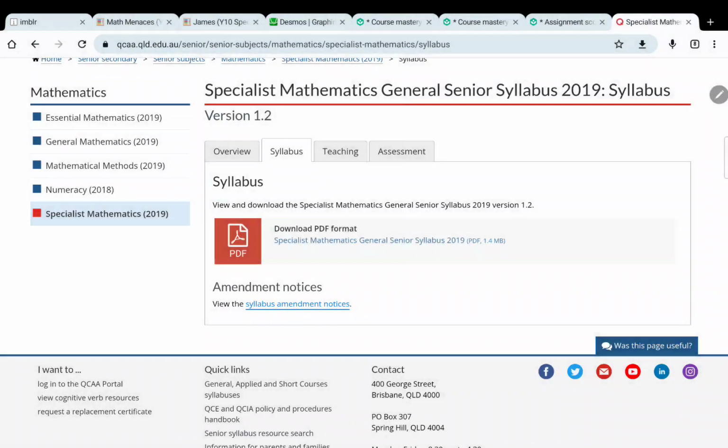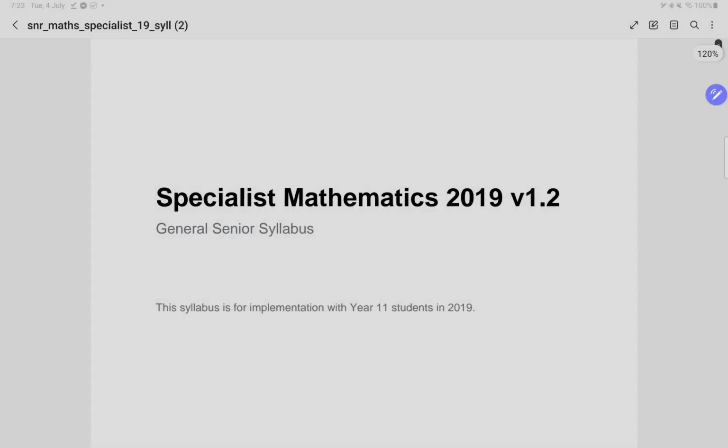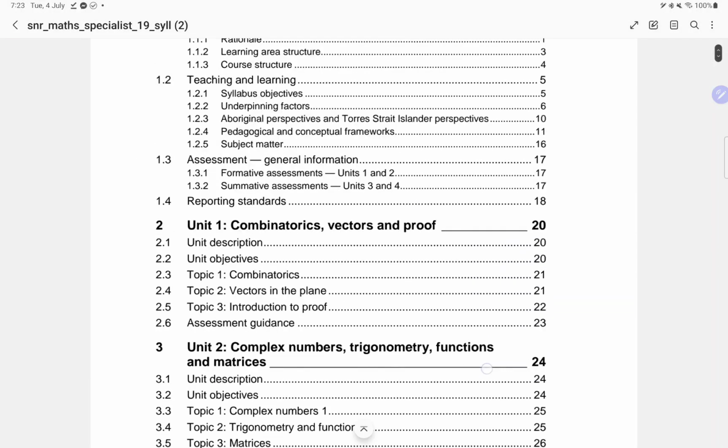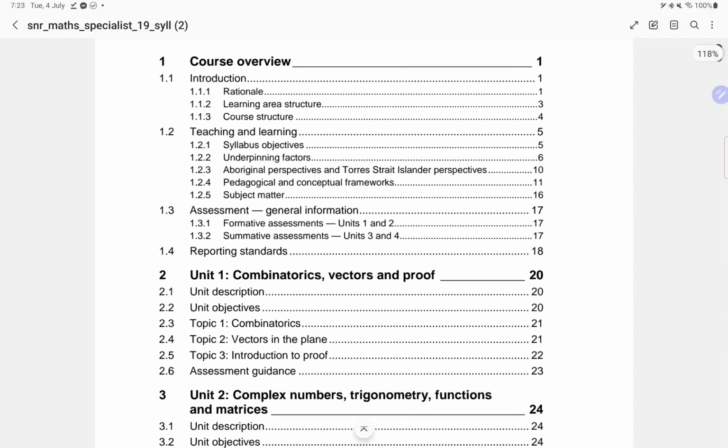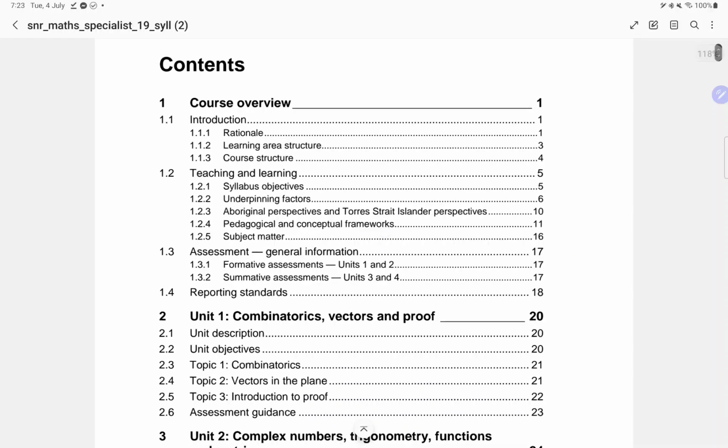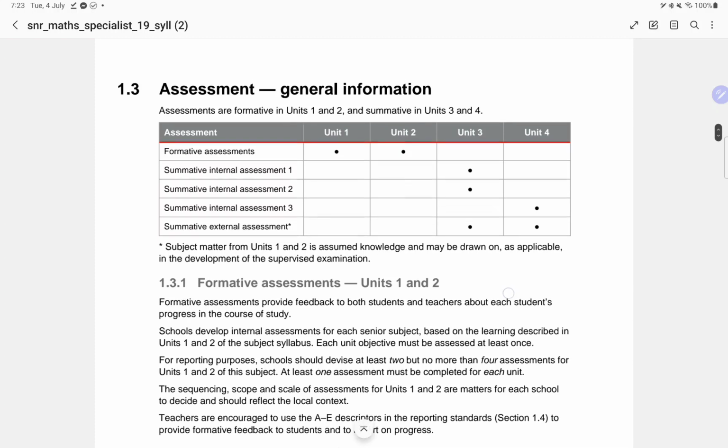Yeah, so this syllabus will tell you all of the content that you need to learn. So yes, here. This is the syllabus that every single school in Queensland, if they teach specialist math for ATAR, they have to follow. Okay, so let's say if you were to click on assessment general information.